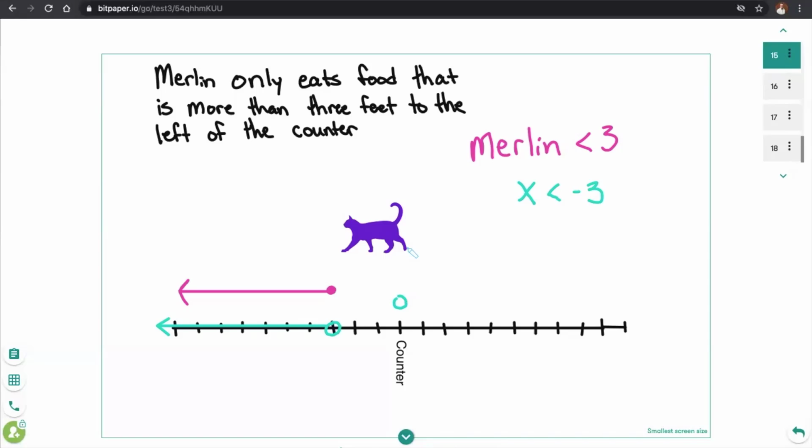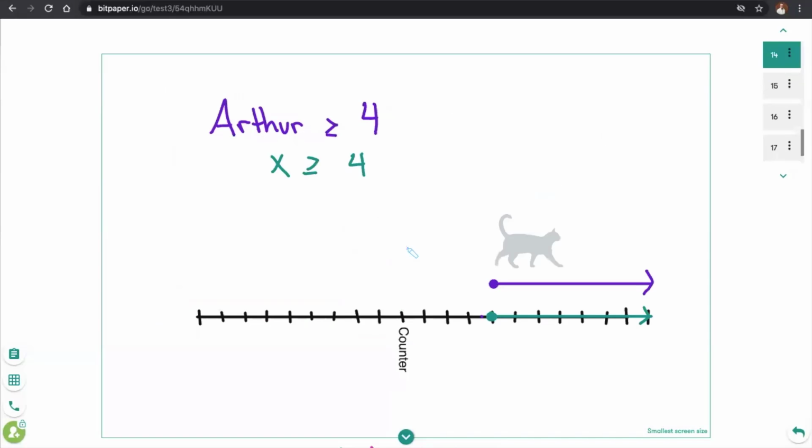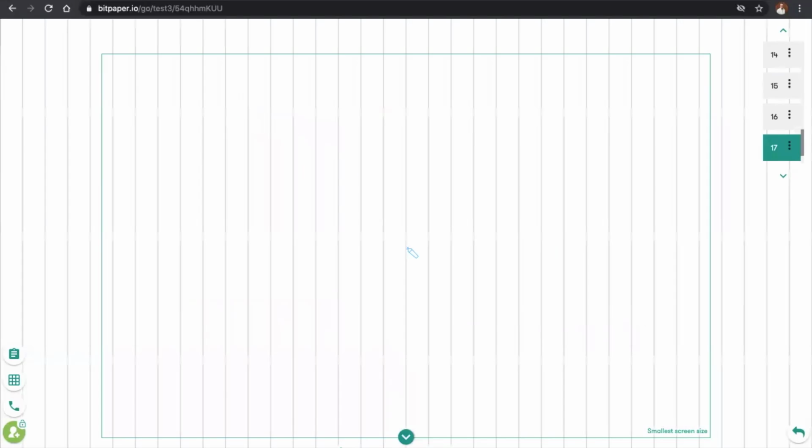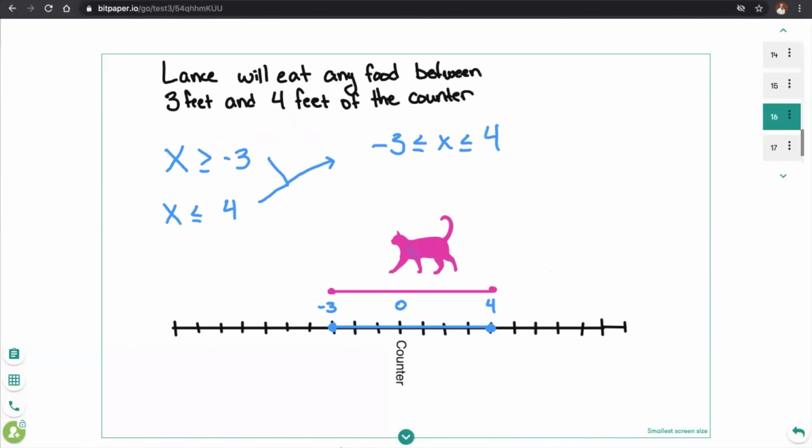And for Arthur, we have to be greater than or equal to 4 feet from the right of the counter, meaning that x has to be greater than or equal to 4. And Lance has to be somewhere in between those two. It makes it a little bit easier. Now, feeding that many cats is still a little bit complicated, but hopefully graphing inequalities isn't quite that complicated.